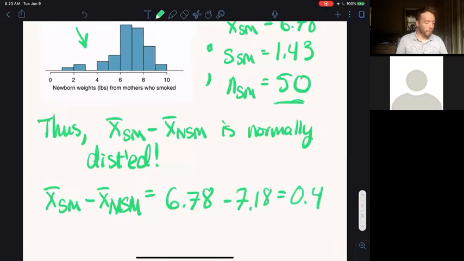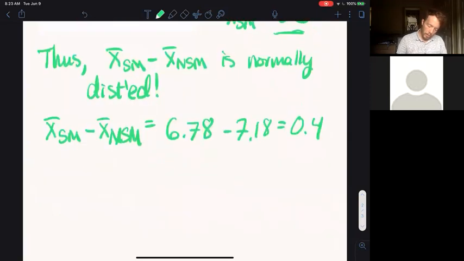Okay. We need to know the standard error, so we need the sigma of X bar smoke minus X bar non-smoke. This is something I gave you a formula for in class.